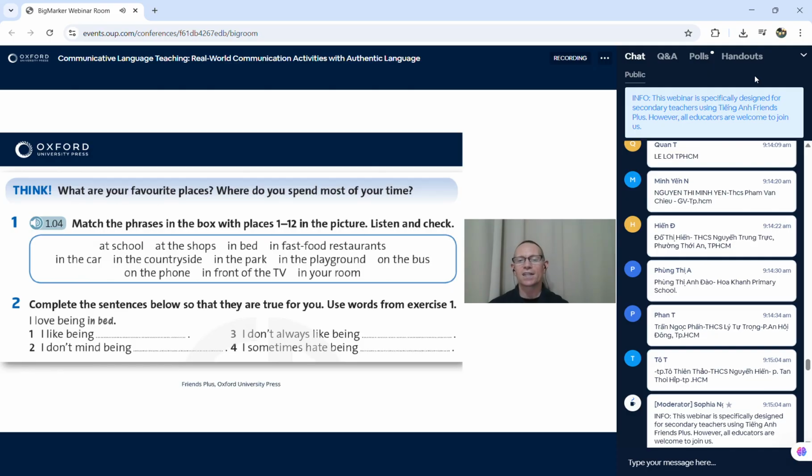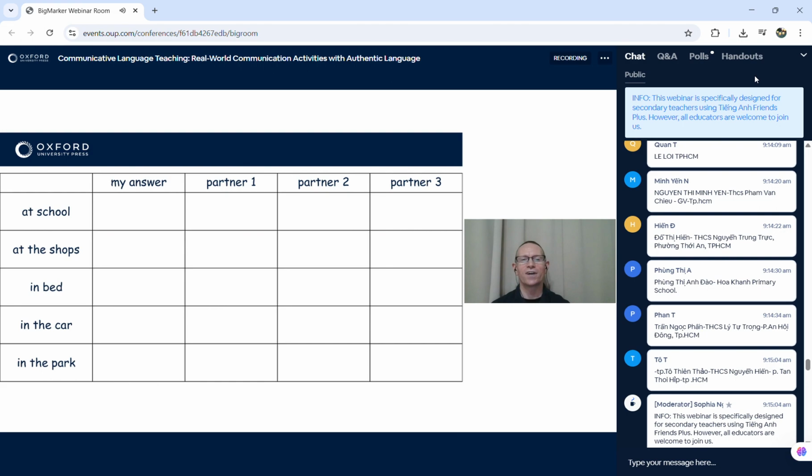So an activity I'd like to recommend here is the class survey. You could prepare this kind of sheet for your students and hand it out in the lesson, or you could simply draw it on the board and have students copy the chart in their notebook. On the left hand, we have some of the places that we saw in the textbook.